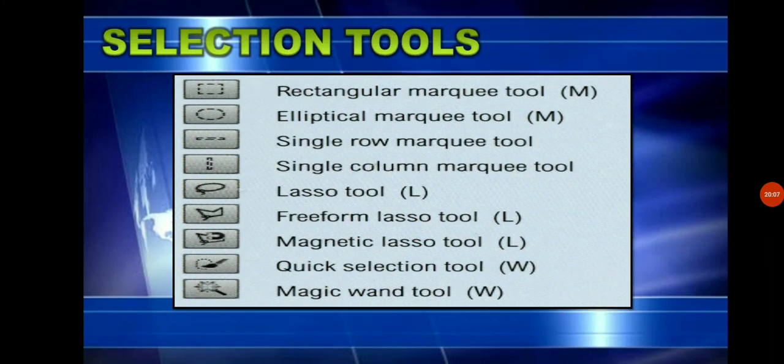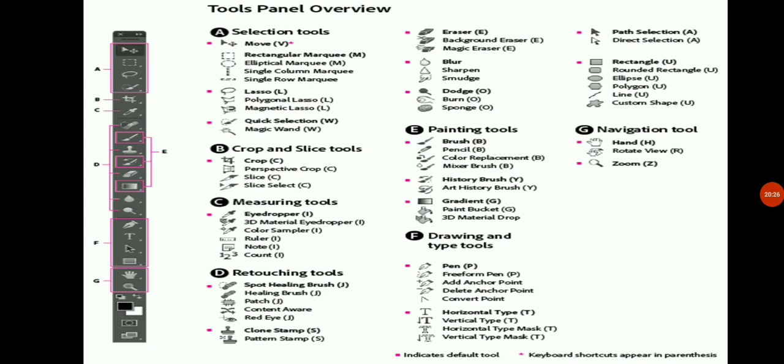Another recommended group is the selection tools: rectangular marquee tool, elliptical marquee tool, single row marquee tool, single column marquee tool, lasso tool, freeform lasso tool, magnetic lasso tool, quick selection tool, and magic wand tool. These are all parts of the tools panel overview that you can use.